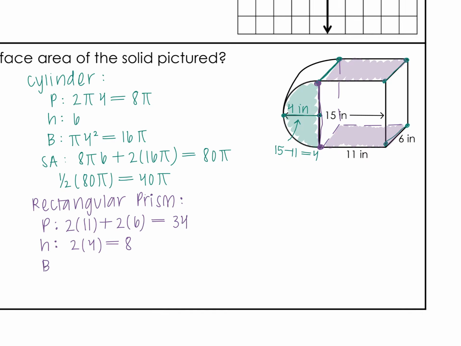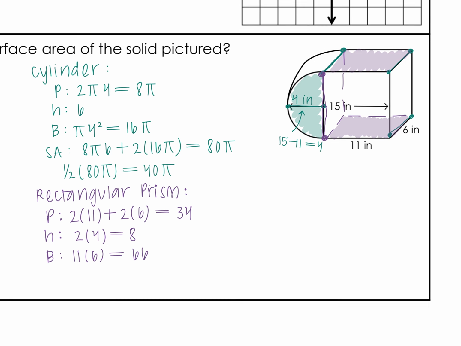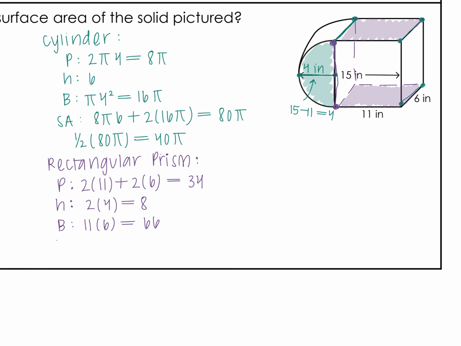And then for my B, area of the base, it's going to be 11 times 6 to give me 66. Now we can plug in for our surface area. For that prism, we would have our Ph, so 34 times 8 plus 2B, 2 times 66. Plugging that into our calculator, we are going to get a total of 404.